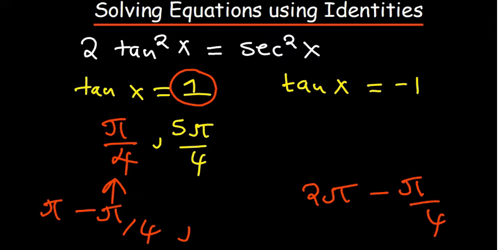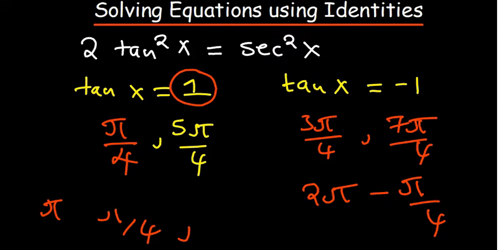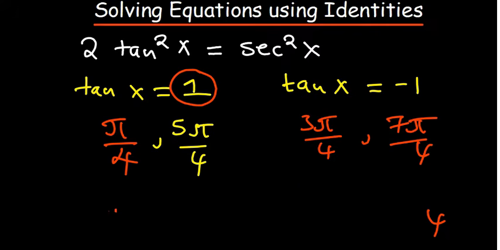So here the solutions, after subtracting from pi, it's going to be 3 pi over 4, and then after subtracting from 2 pi, it's going to be 7 pi over 4. So these are the 4 possible solutions to the equation that we have. And this is how you're supposed to handle this question.